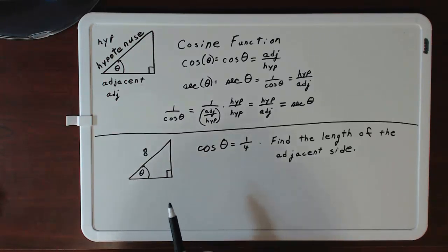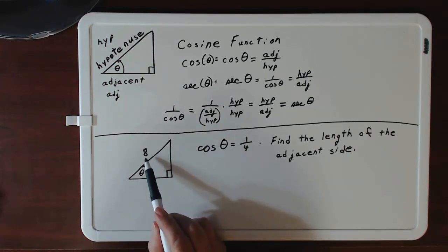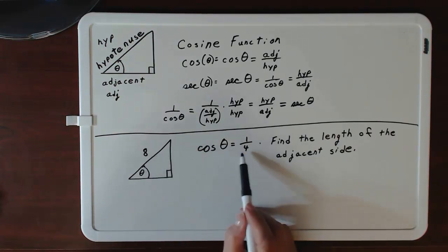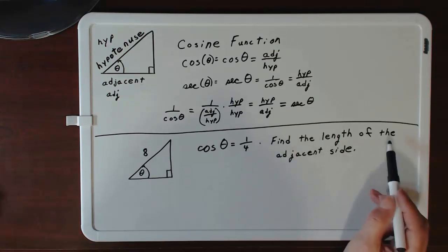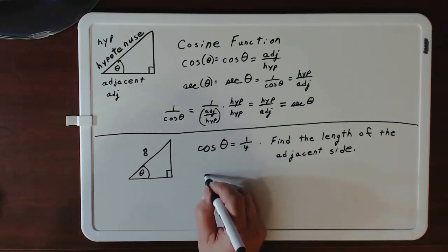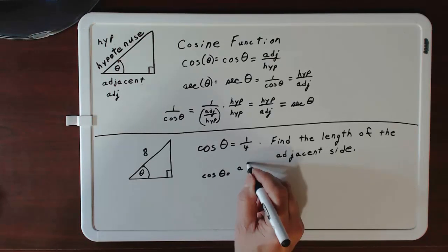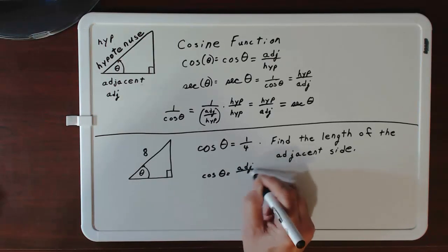Now let's consider this triangle. We're given the hypotenuse with a length of 8, and we're given that the cosine of theta is 1/4, but what we want to do is find the length of the adjacent side. We know that the cosine of theta equals the adjacent over the hypotenuse.